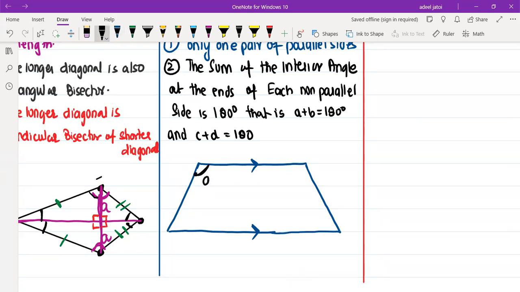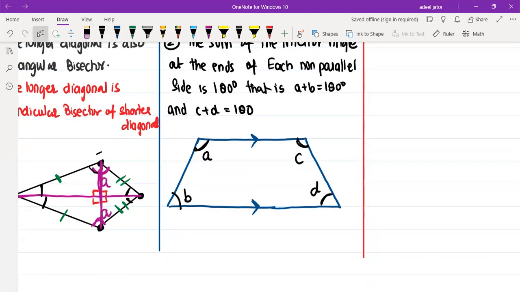Similarly, if this is A, B, C, and D, because of the parallel lines, the sum of the interior angles should be 180 degrees. A plus B should be equal to 180 degrees. C plus D should be equal to 180 degrees, because these are between the parallel lines, and there is only one pair of parallel lines.